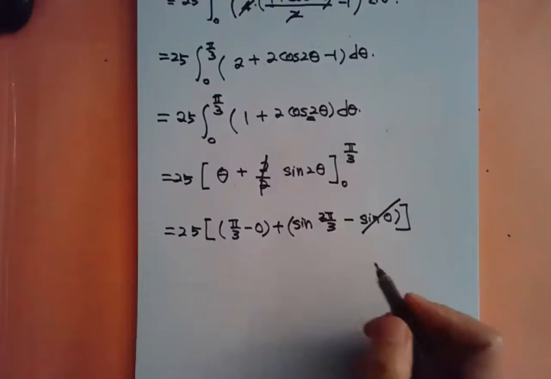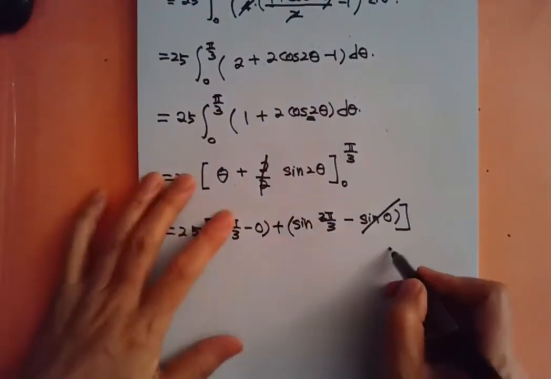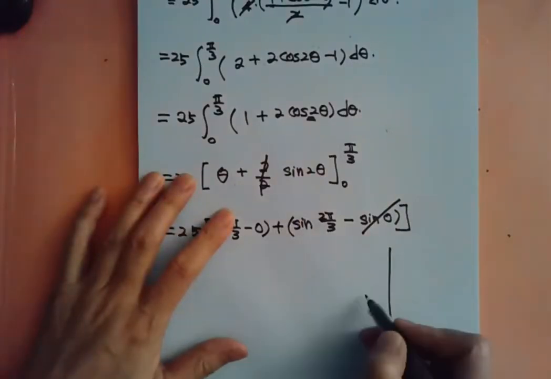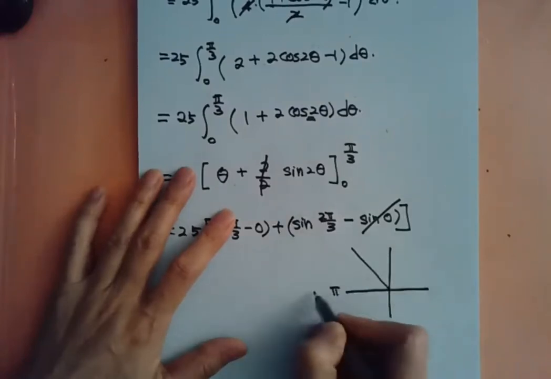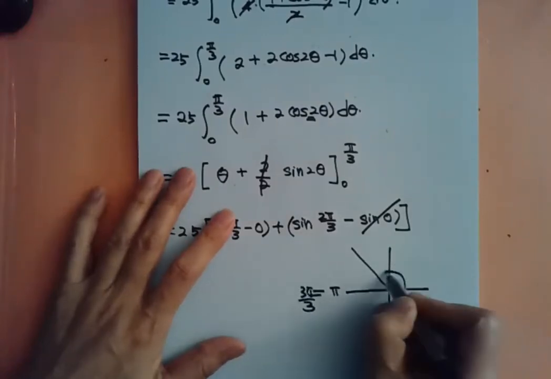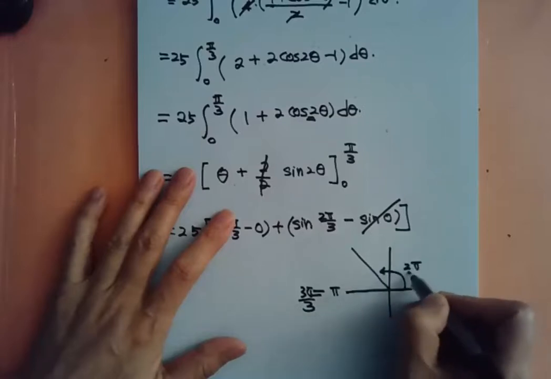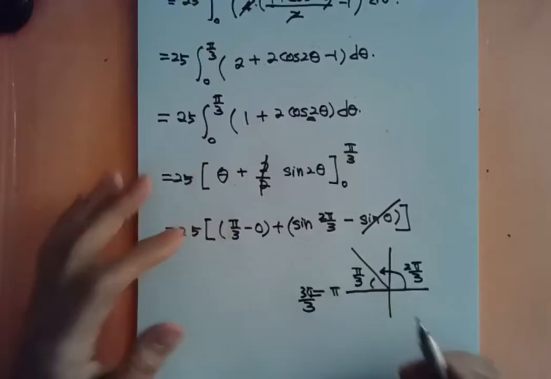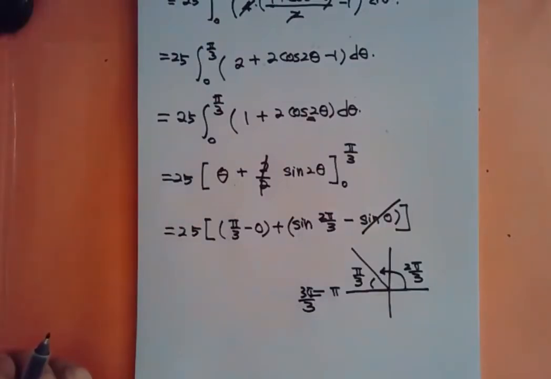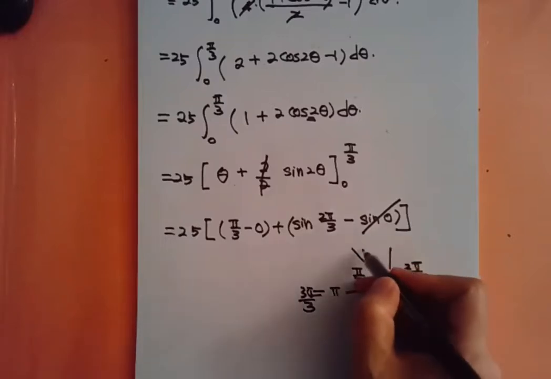So we have to figure out sine of 2 pi over 3. So this is pi, which is 3 pi over 3, and so this one is 2 pi over 3. And then the reference angle is pi over 3. So this one is a sine, and sine is positive.